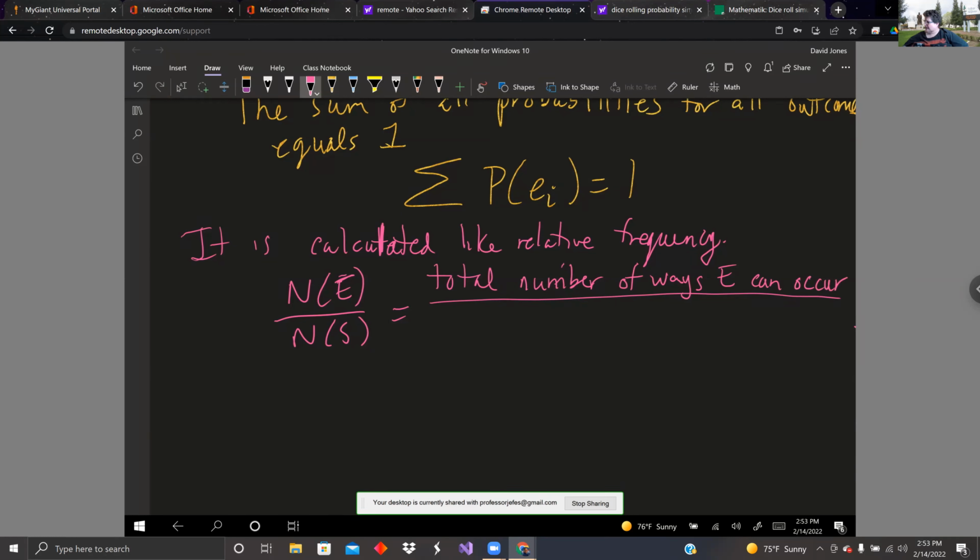Probability is it hasn't happened yet. Total number of ways E can occur, now it's over total number of ways, which is our sample space. That's a little bit better. That rings more true.